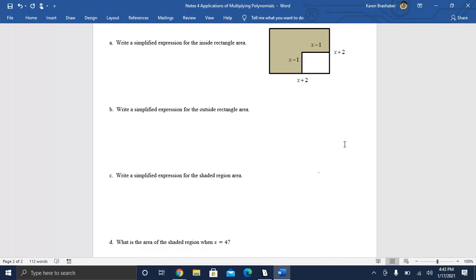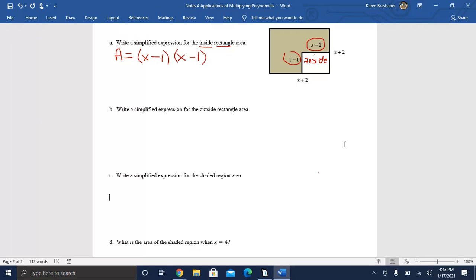And the first thing you're asked to do is to find the area of the inside rectangle. Now, this is the inside, and its dimensions are here on the sides. So the area of the inside is given by x minus 1 times x minus 1, the length times the width.